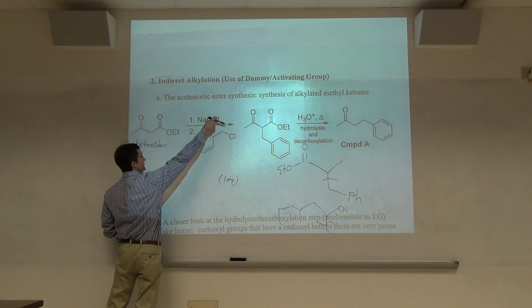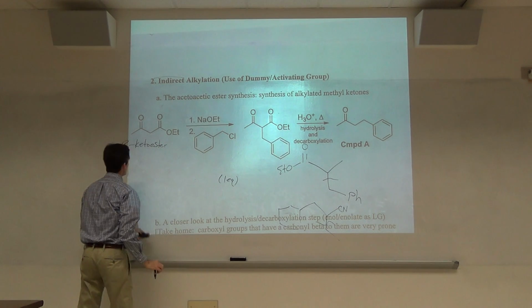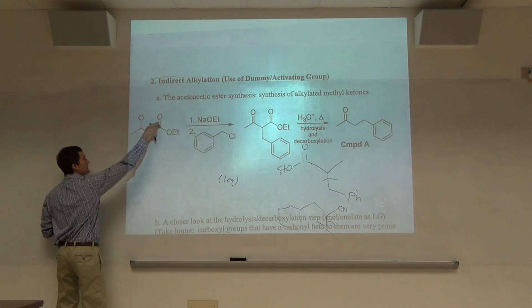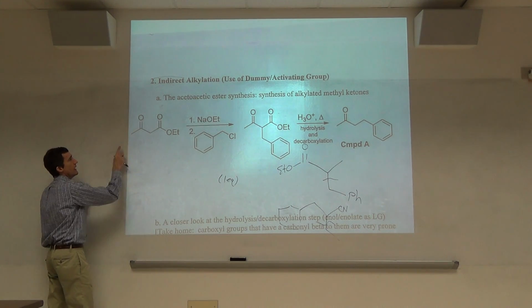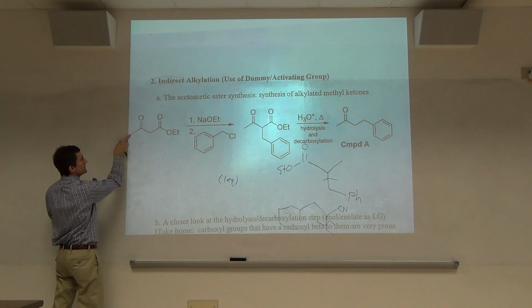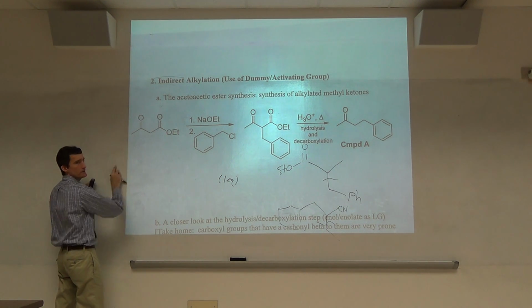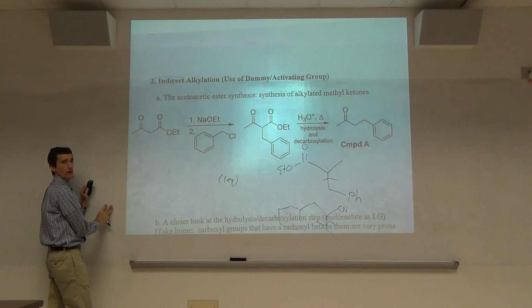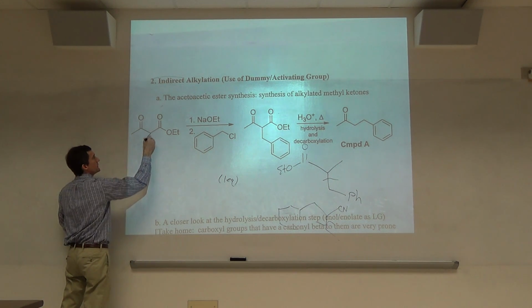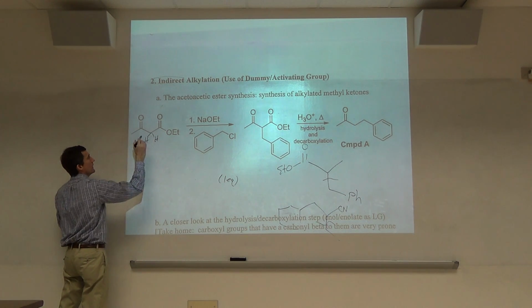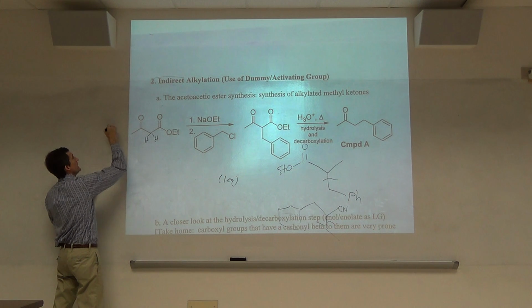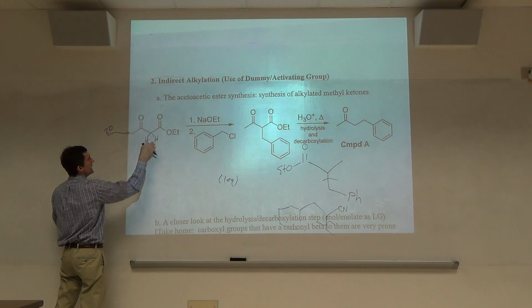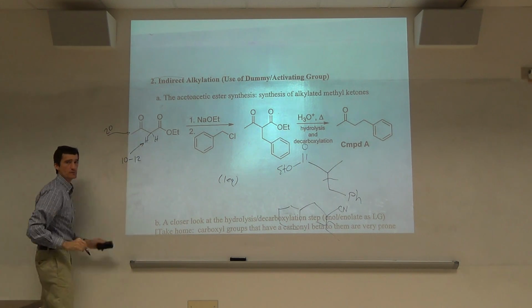Now, the first step is to use this base. First question is, where's the most acidic proton here? We've got alpha to carbonyl here and here. Which one's going to be more acidic though? The ones in the middle. Why? This is pKa of about 20. This is pKa of about 10 to 12. Much more acidic.